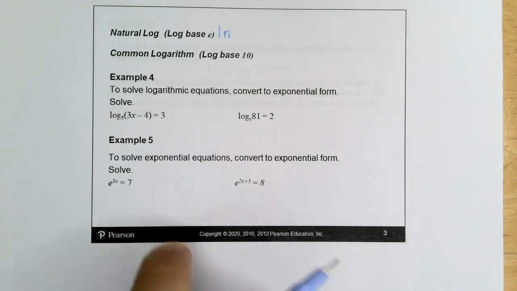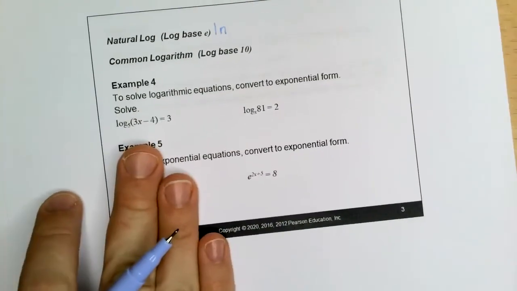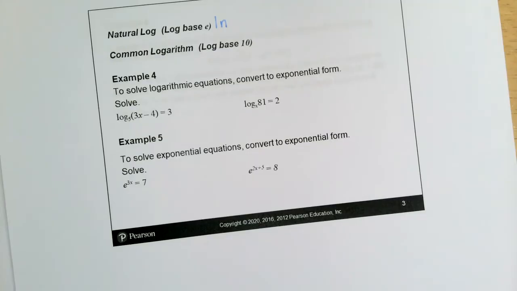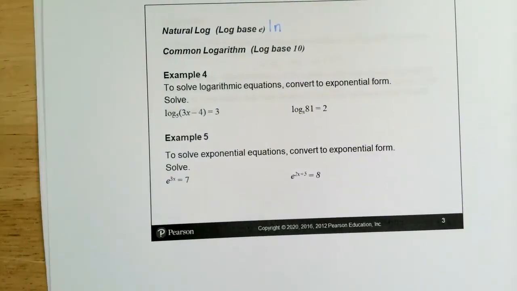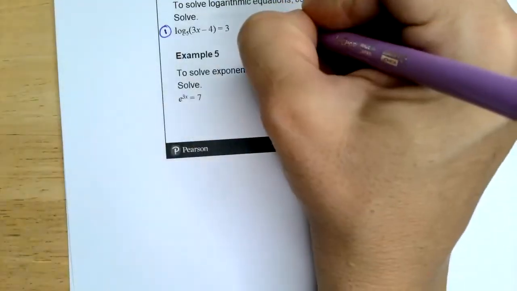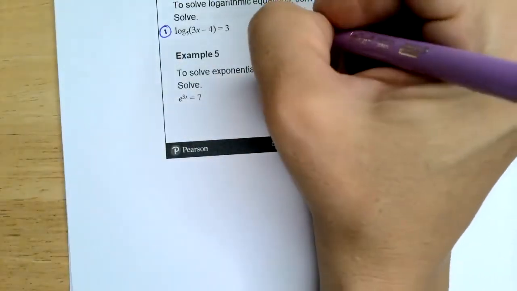So how do I solve logarithmic equations? We convert them to exponential form, right? Number one, log base 5 of 3x minus 4 equals 3. Okay, so I'll rewrite that down here. Let's say this is number 1. This is number 2.